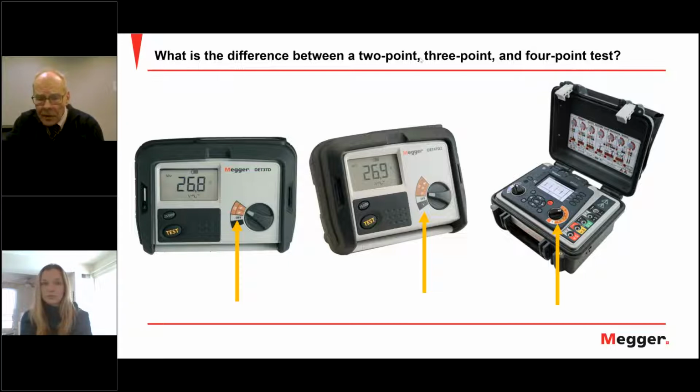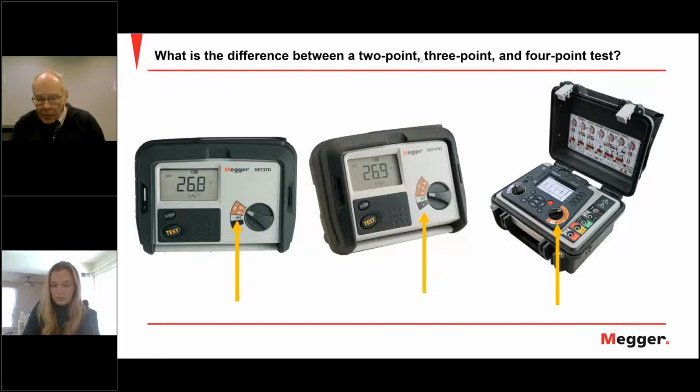The main thing to think about when you're making a purchase is to use your crystal ball and look into your testing future a little bit. 3 terminals are obviously less expensive, so it's sort of an automatic response, you might think, to buy a 3-terminal tester.